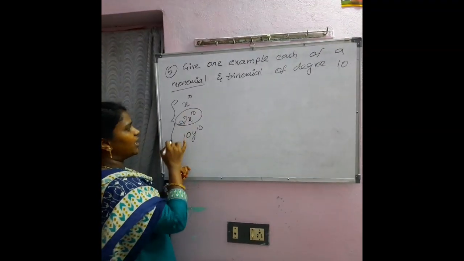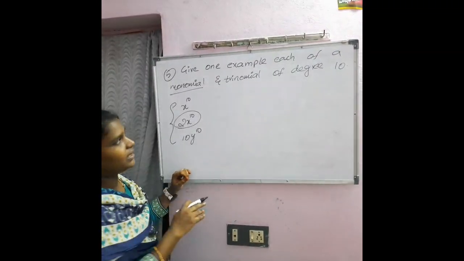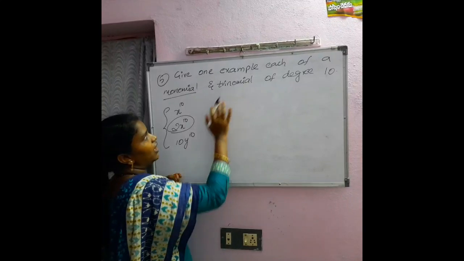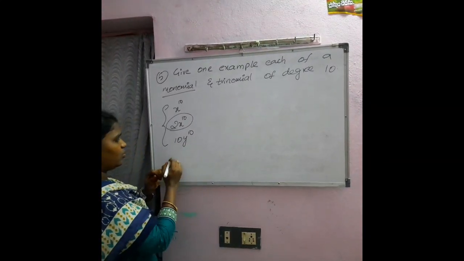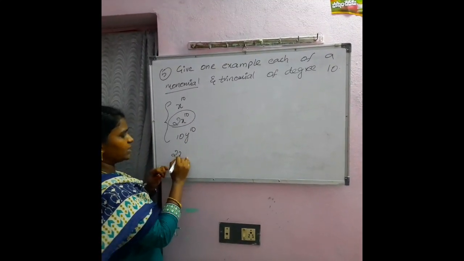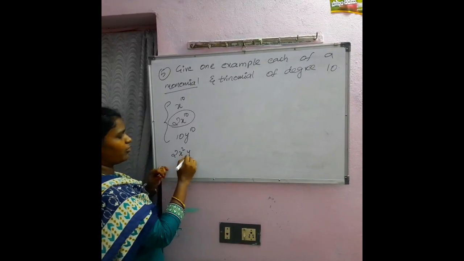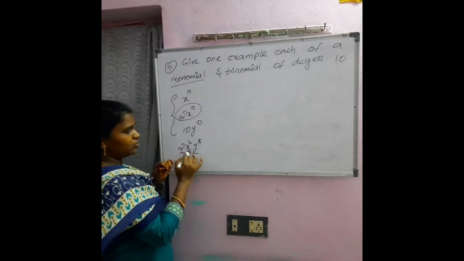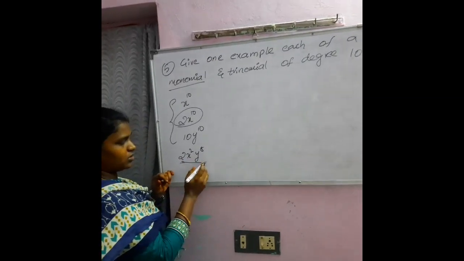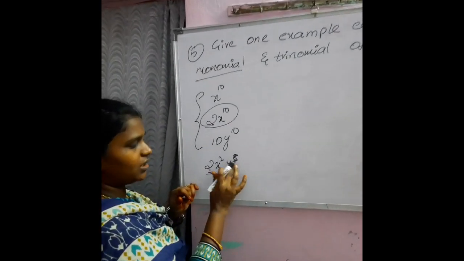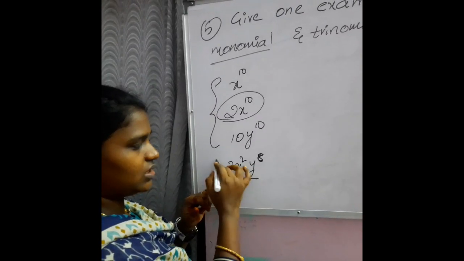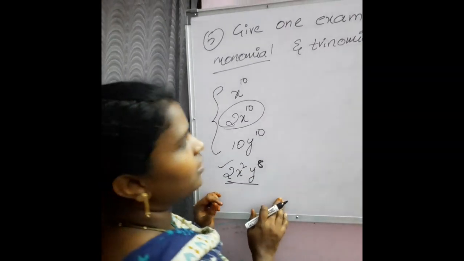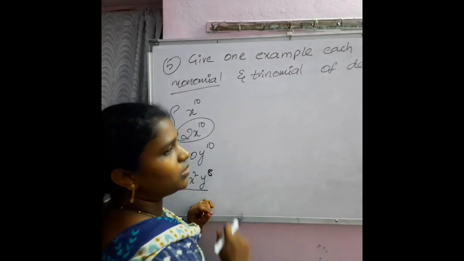So we can give many examples of degree 10. Or I can give one more example as 2x square y to the power of 8. It is a monomial having two variables, and if you add the degrees 8 plus 2, that is 10, so it is a monomial. And now the examples for trinomials.